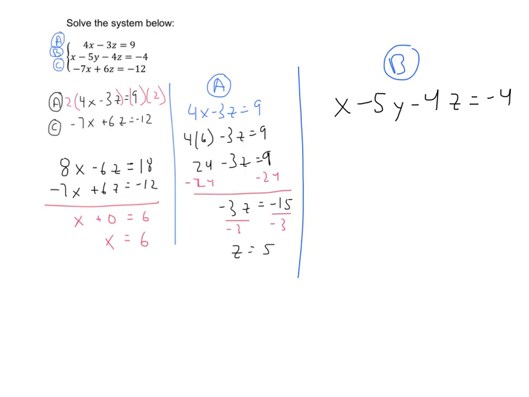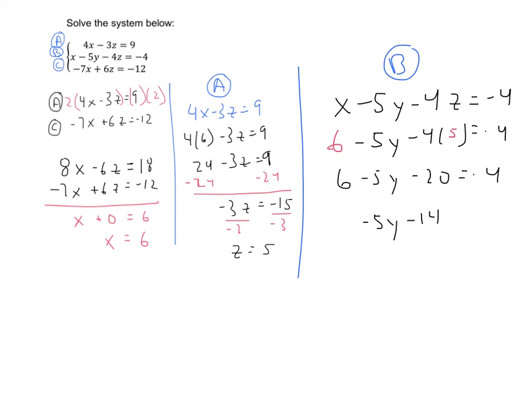Our x value was 6, and then we have minus 5y minus 4 times my z value, which was 5, equals negative 4. So we have 6 minus 5y minus 20 is equal to negative 4. If I combine like terms on the left, I have negative 5y minus 14 is equal to negative 4. Let's keep on solving.